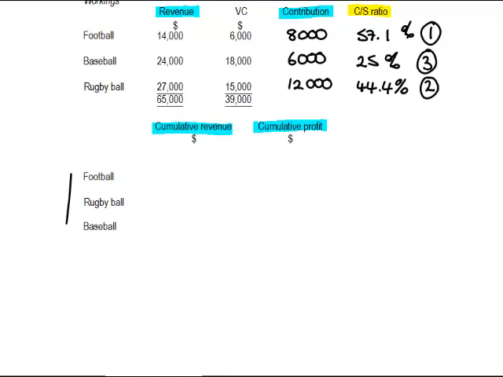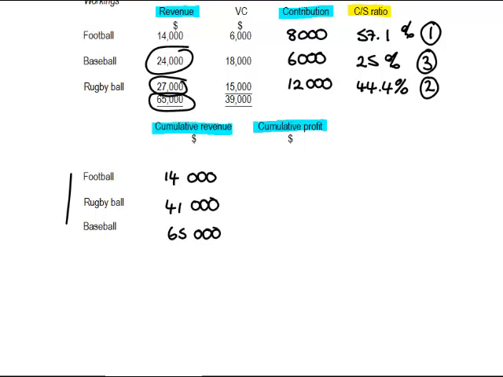So if we put this revenue on in the order that we've ranked it, we start off with 14,000 after we've sold the footballs. Once we've sold the rugby balls, we've got another 27,000. So that will bring it up to 41,000. And then by the time we've sold the baseballs, we'll be up to 65,000, which is the total that we've got here. Now the cumulative profit, we need to be a bit careful here because we're looking at profit, and that means that we're going to start off with fixed costs.